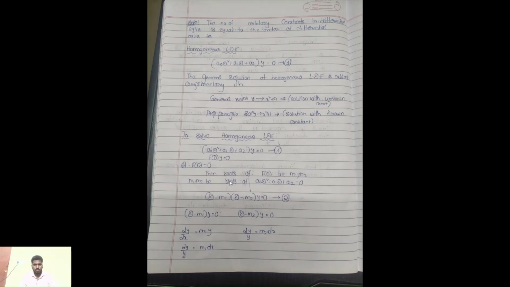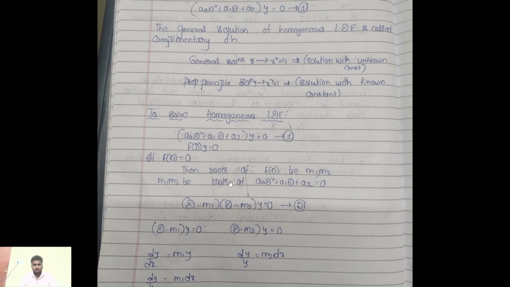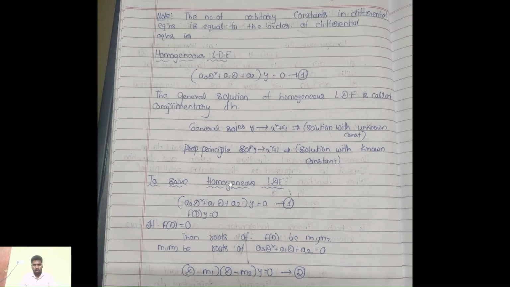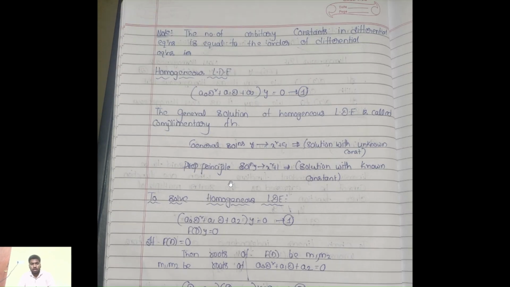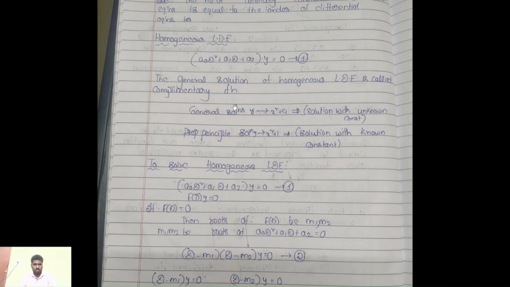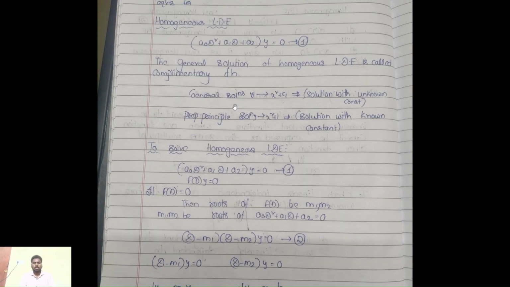Next we move to this: the number of arbitrary constants in a differential equation is equal to the order of the differential equation. Now, homogeneous linear differential equation. The general solution of a homogeneous linear differential equation is called the complementary function.